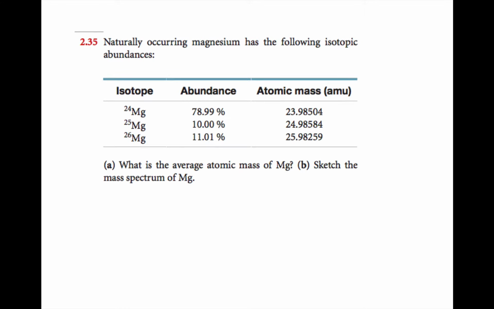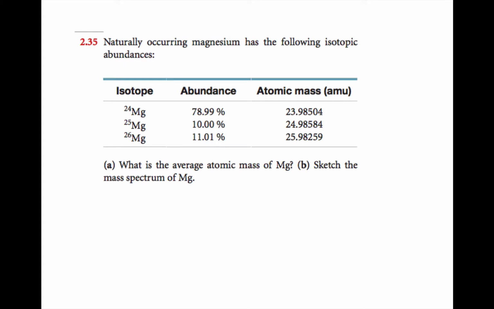Naturally occurring magnesium has the following isotopic abundances. Roughly 79% of your sample is going to be magnesium-24, 10% is going to be magnesium-25, and 11% is magnesium-26.